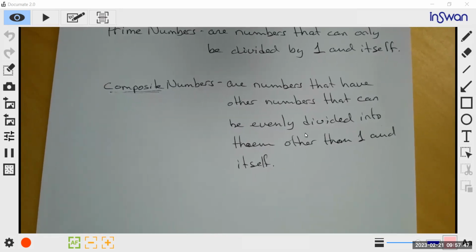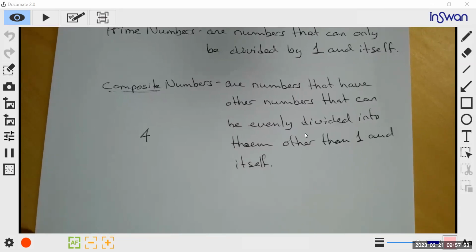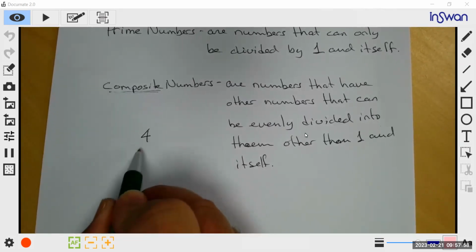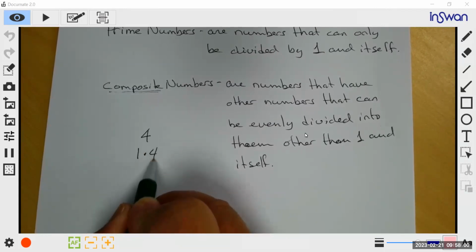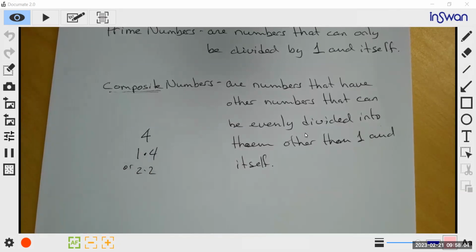So give me an example of a composite number. 4. Why is 4 a composite number? Yeah, because 4 is made up of 1 times 4 or 2 times 2.